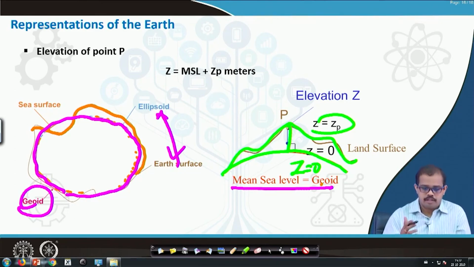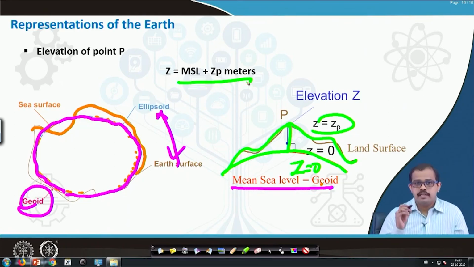That gives the elevation of that particular region, which means elevation is nothing but mean sea level plus Zp in meters. Okay, so next time when you go to any of the railway stations in your city, your region, please look at what elevation your city or that particular railway station is at.